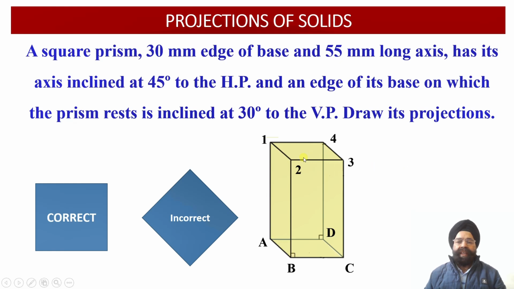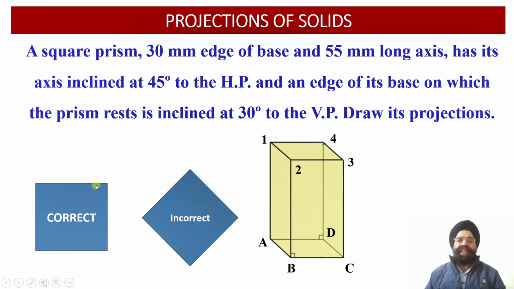So this inclination of the square prism with respect to HP means that it will be resting on one of its edges on the horizontal plane. So this is the appropriate orientation or location of the square prism with respect to the two reference planes.